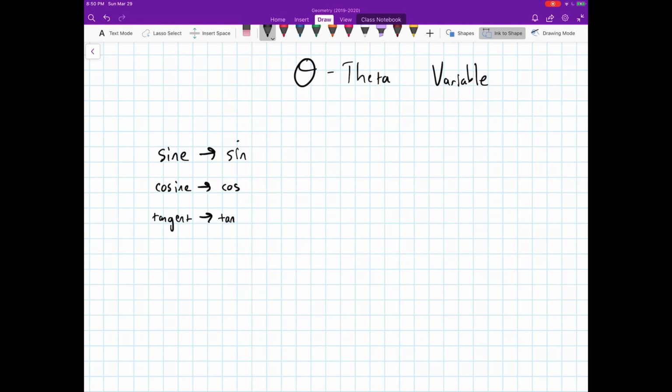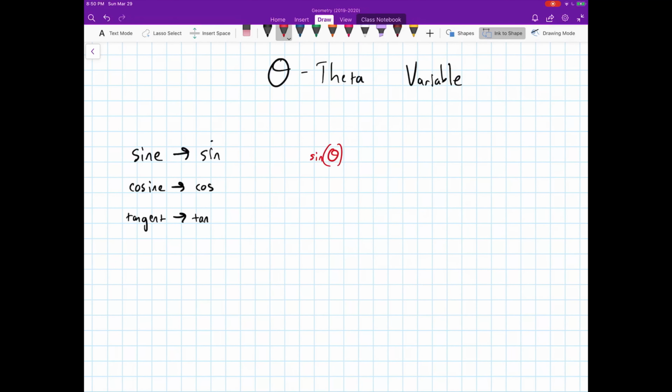So the idea is if you're looking at a specific angle, sine of theta, where theta is an angle in my triangle, is going to be equal to opposite over hypotenuse.